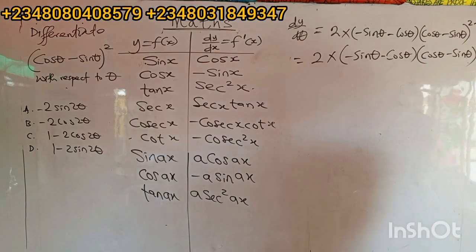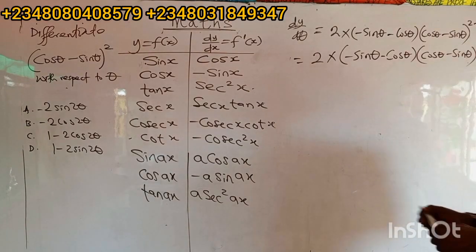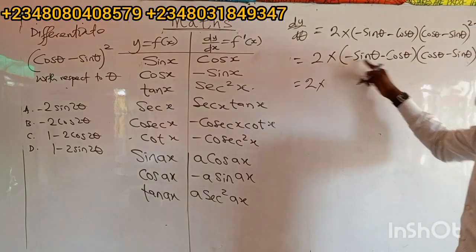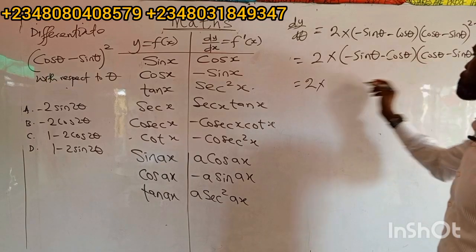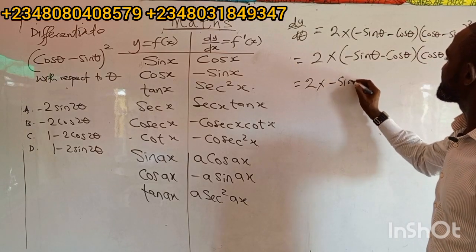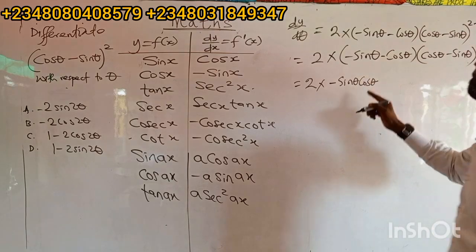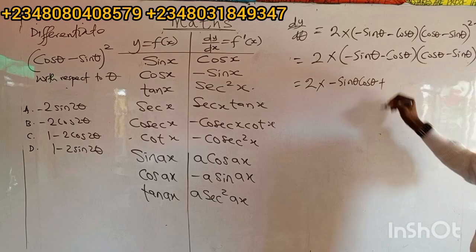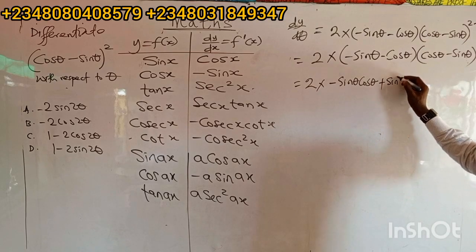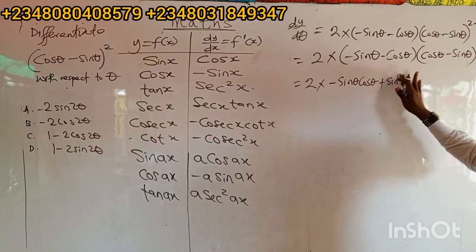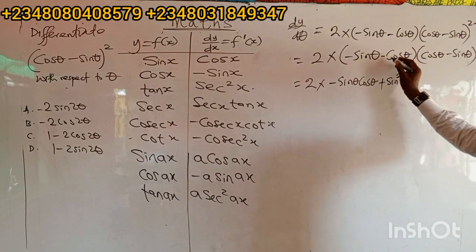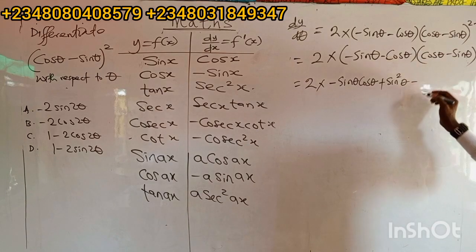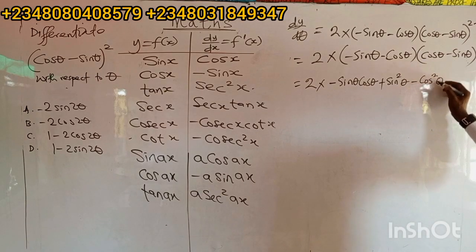What's the next thing? Open the bracket. So I'm having 2 times minus sin theta times cos theta. That will give us minus sin theta cos theta. Then minus sin theta times minus sin theta, that will be plus sin square theta. Then minus cos theta times plus cos theta, that will give us minus cos square theta.